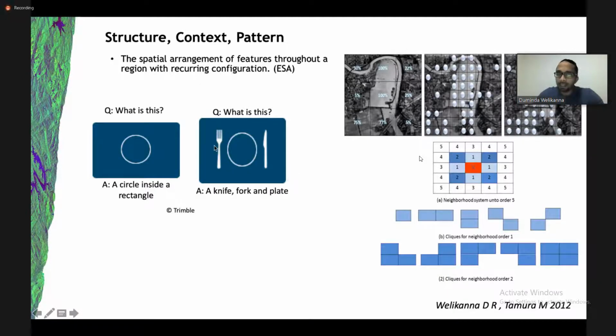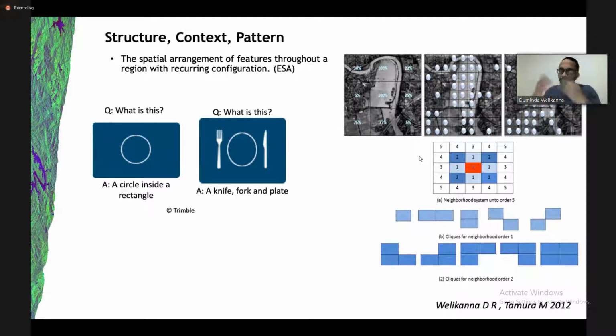And the context, it's a knife, fork, and a plate. What I'm trying to say is that on top of a dinner table, you're not going to find washing items. It's the context, right? On a dinner table, you're not going to find cooking utensils. It's about food and eating. So the context, it's just the same.